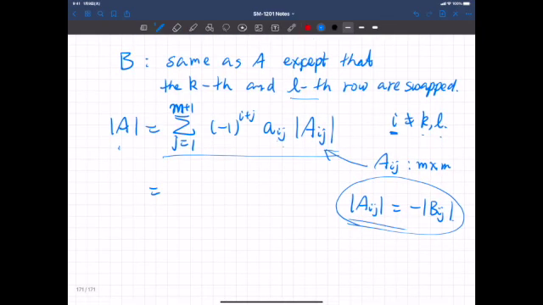We have this relation for m by m matrices, and these are m by m matrices with two rows swapped.